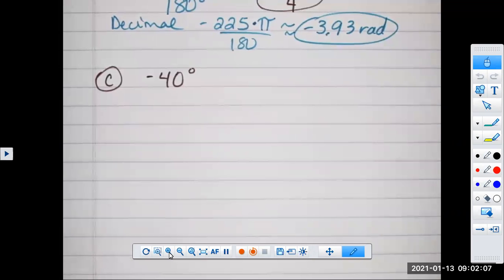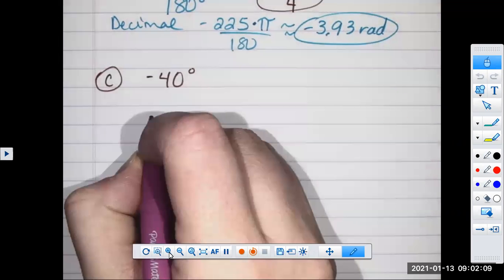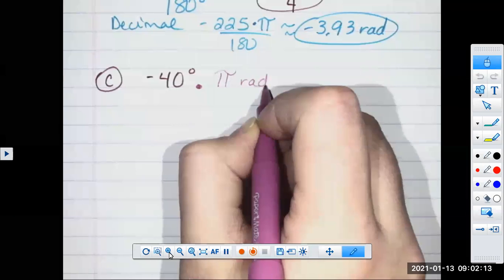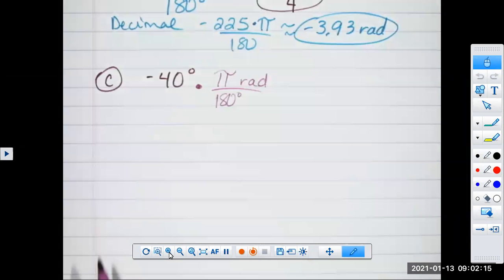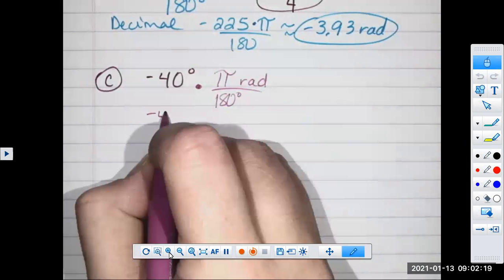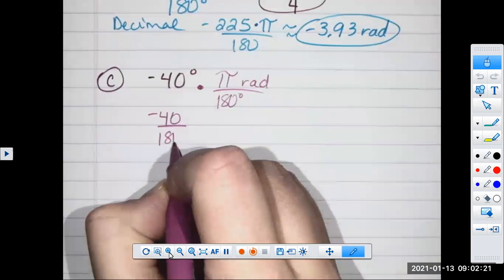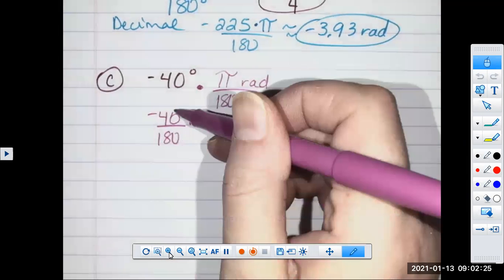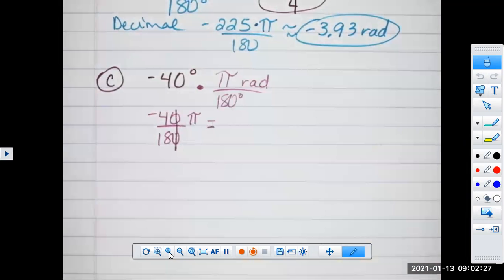Yes. Okay, you have to multiply by pi radians over 180. And really all you're doing is taking a degree measure, putting it over 180 and reducing that. So look, do y'all know that pairs of zeros will cross off like that?